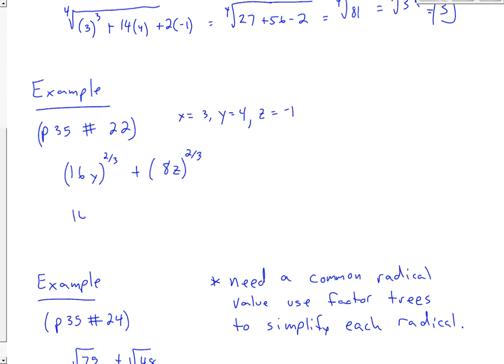So we're going to have 16 times y, which is 4, to the 2/3 plus 8 times z, which is negative 1, to the 2/3. 16 times 4 is 64. So we have 64 to the 2/3. And 8 times negative 1 is negative 8 to the 2/3.